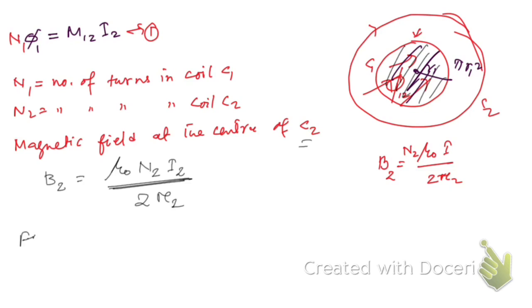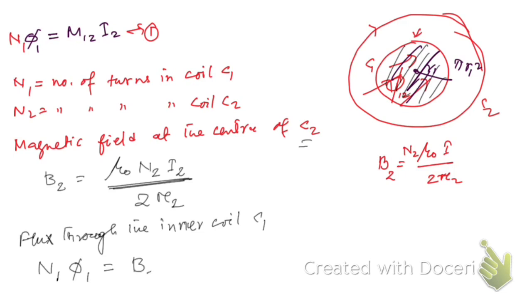Therefore the flux through the inner coil C1, N1 phi 1, is equal to magnetic field B2 into area, that is pi R1 square, because we are going to find the flux due to the magnetic field produced by the outer coil through the inner coil.